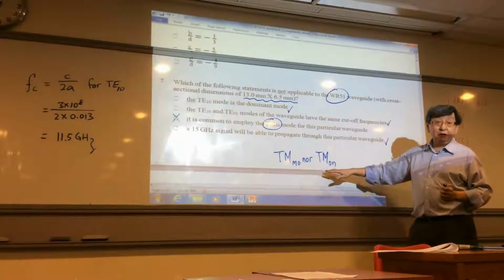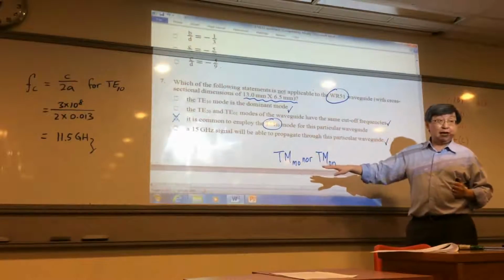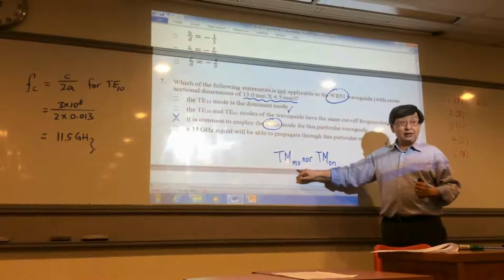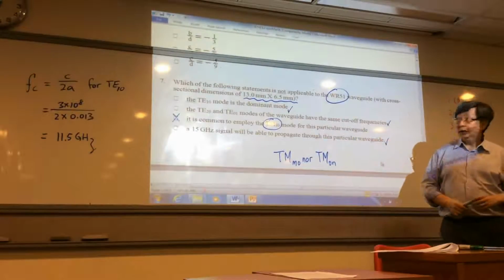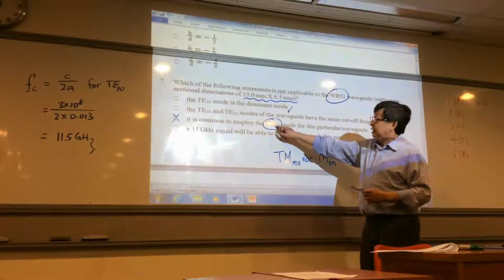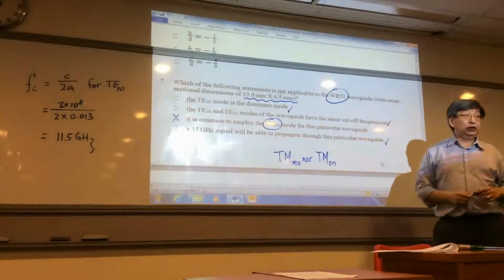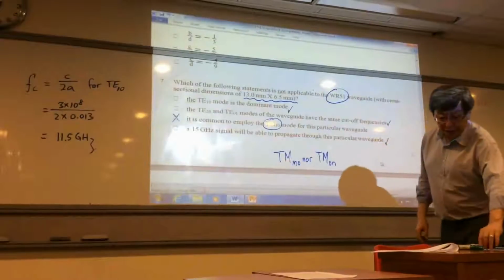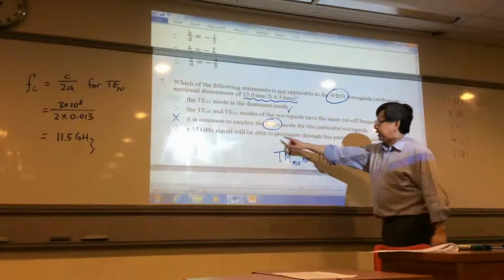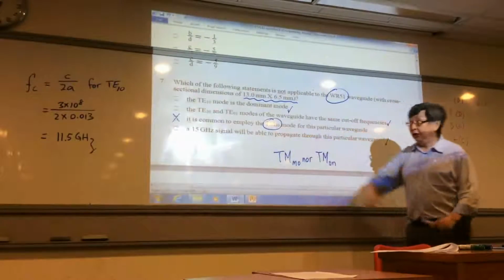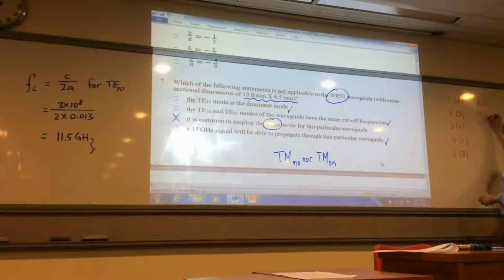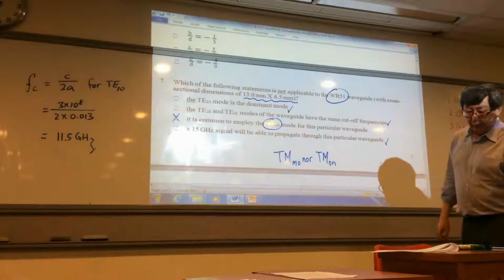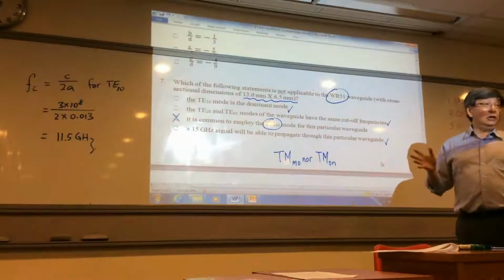For the transverse magnetic case, your indices cannot be 0. So in this case, this mode is non-existent. This is a bit of a trick question. You must be able to spot that this particular mode does not exist. So for 7, it is C. Any questions thus far?